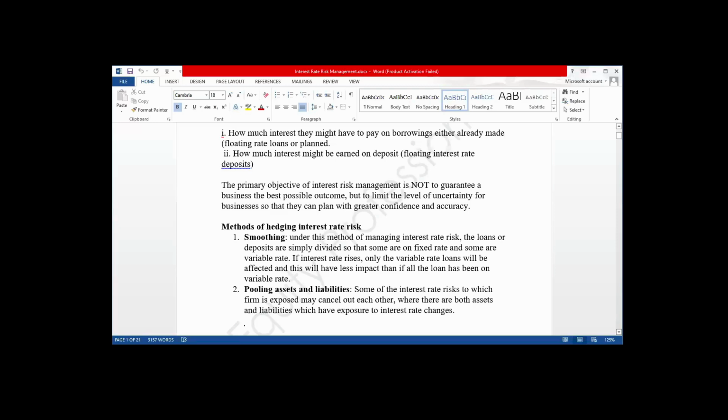When we say smoothing, you can divide your loan into two.